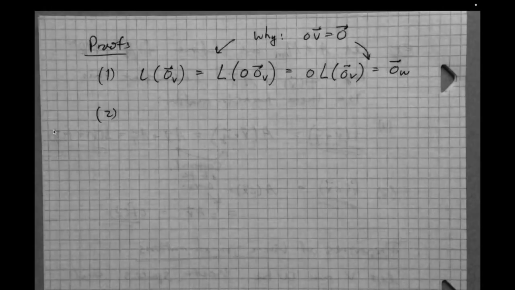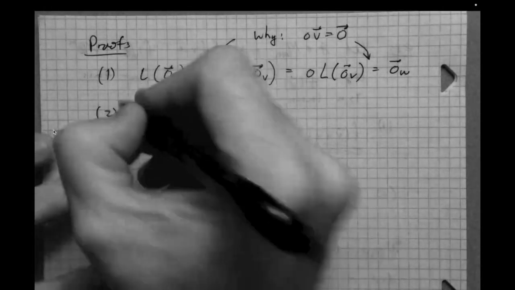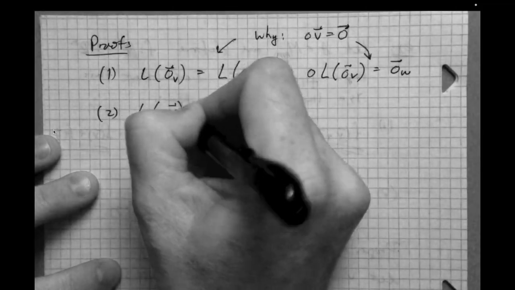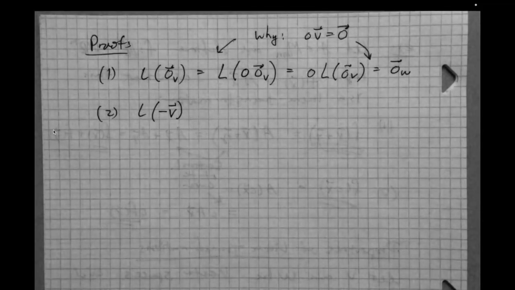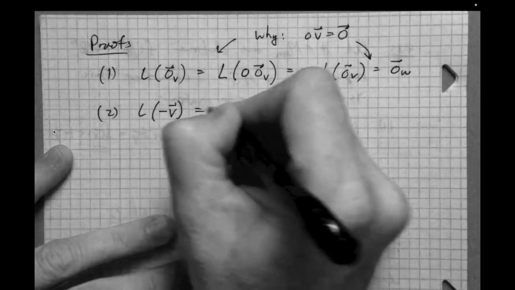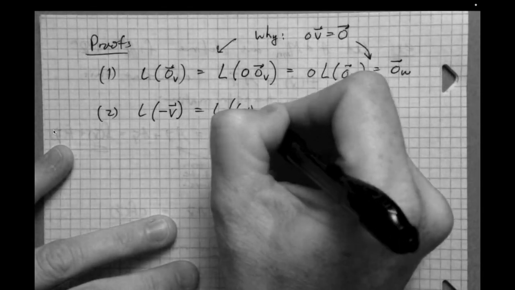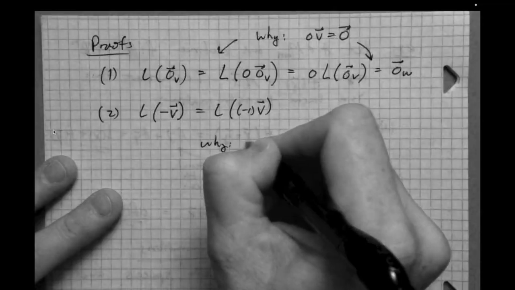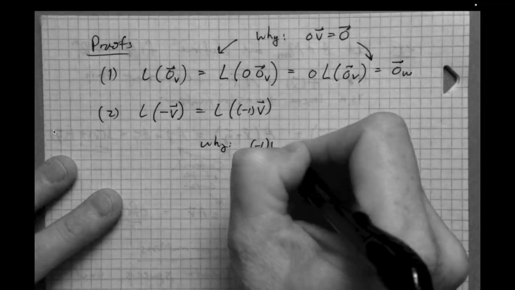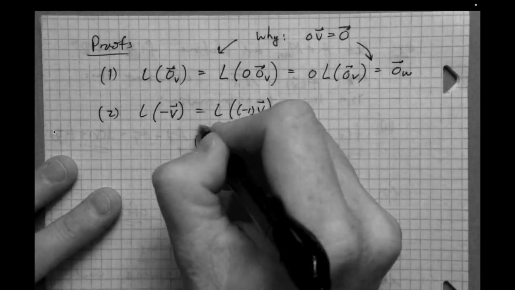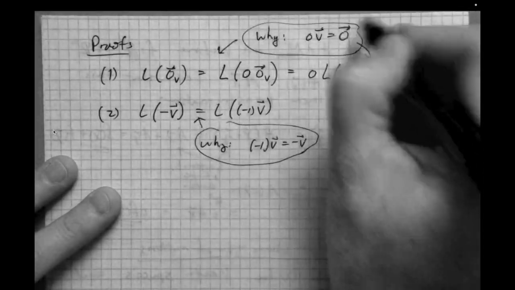The second one, here we start with a linear transformation of negative v, where v is a vector in the vector space. And so this is equal to L of negative 1 times v, right? And so we saw this in a previous theorem. Basically, we said negative 1 times the vector is equal to the negative of the vector. Okay.